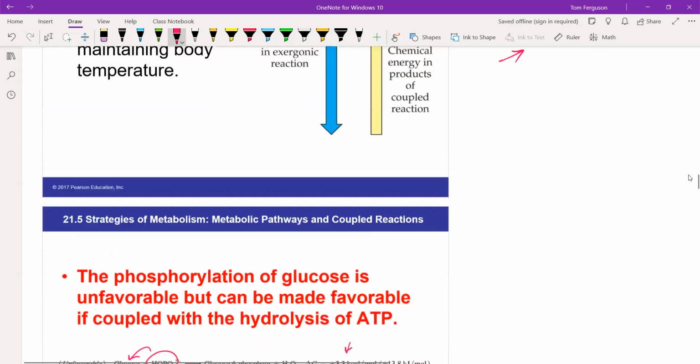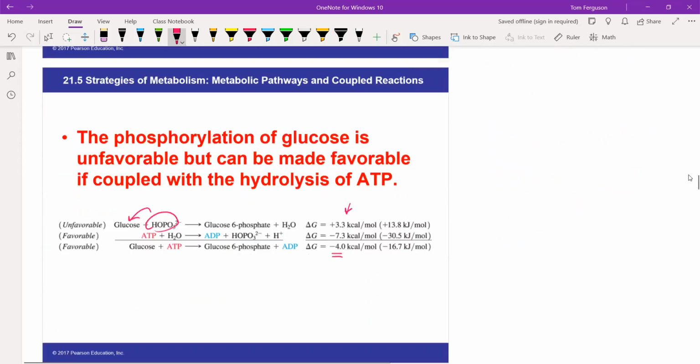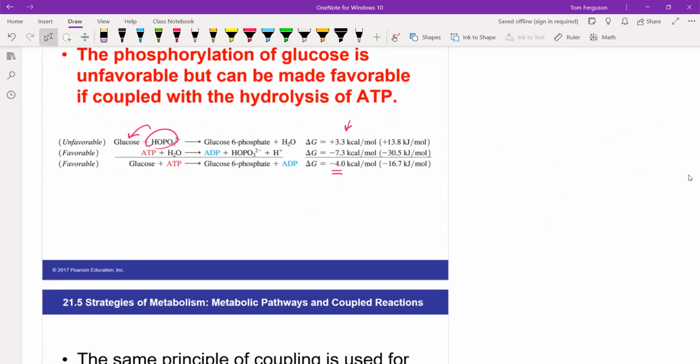There are a lot of reactions that are unfavorable, even with an enzyme. But as long as we couple it with the release of a phosphate group from the ATP, we can overcome that, because this -7 kilocalories is pretty large.